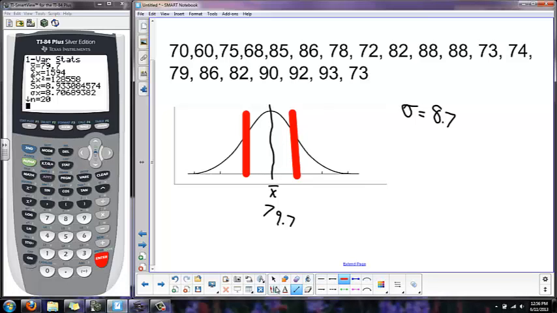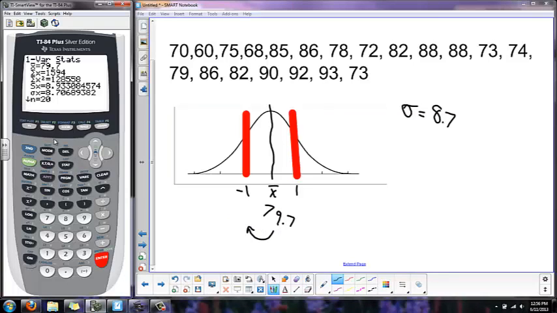So what we need to do now is use our value of the mean and use our standard deviation to figure out what the scores are within 1 standard deviation of the mean. So in the negative direction and in the positive direction. Now if this is the mean, if this is the average, and I want to figure out what my score is over here, all I need to do is take 79.7 and subtract what the standard deviation was.